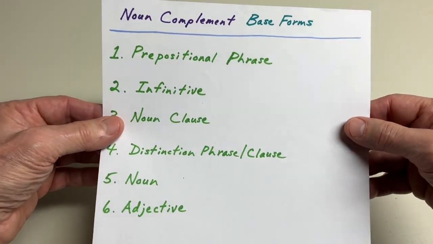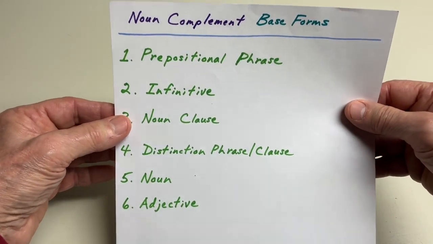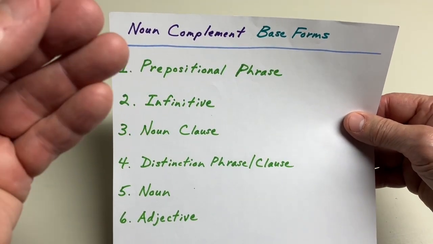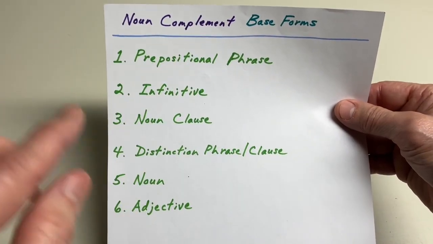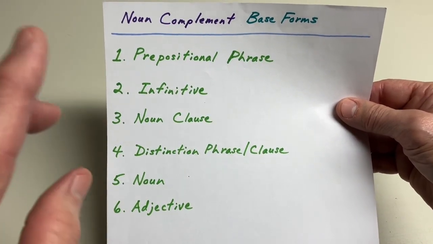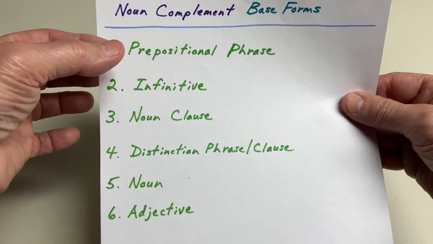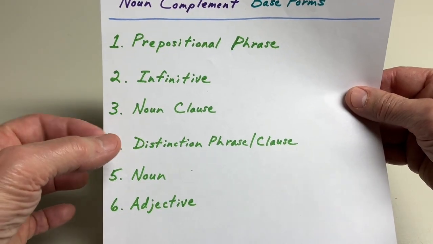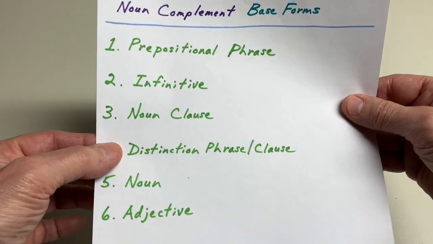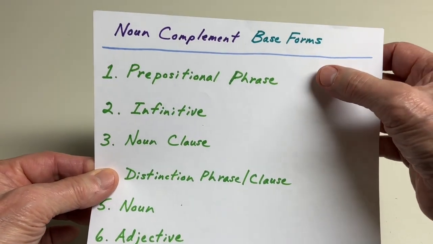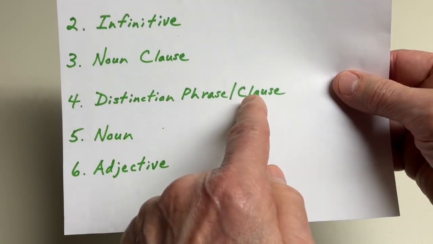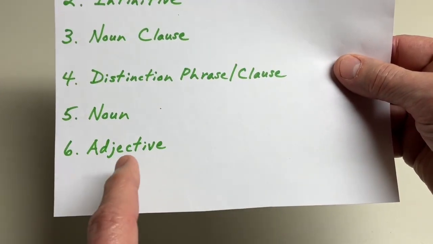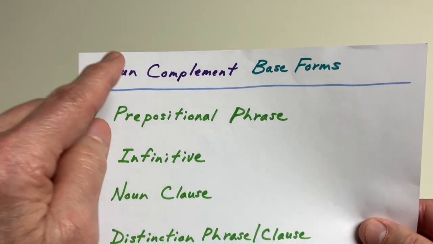So the point I tried to make was, and it was important to show, that there's the presence or absence of commas, and also the things that you speak or read must be taken in context. So the prepositional phrase is a cousin of the distinction phrase or clause when they're used as noun complements. And the distinction phrase and clause is a cousin of the adjective used as a noun complement.